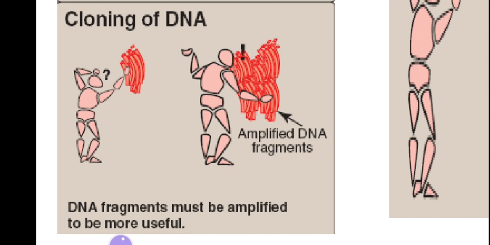We have to amplify the DNA fragment artificially, and this amplification was done at that time by cloning. And what is cloning? This is the formation of multiple similar copies of the DNA, so that we have a large amount of DNA in order to work in the lab.